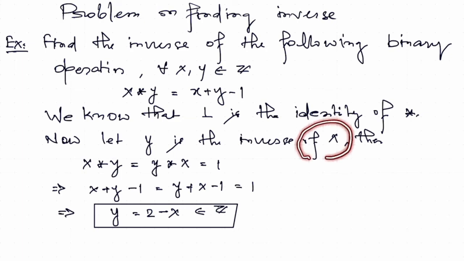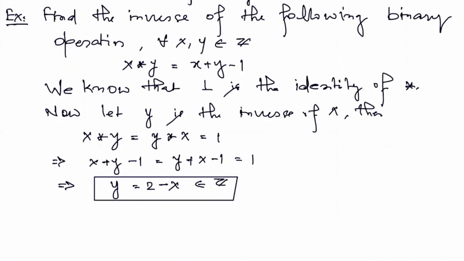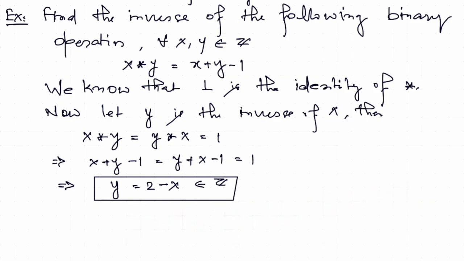Suppose you have any element x and you assume that y is its inverse, then x star y equals y star x equals 1, and solving this equation we will get y equal to 2 minus x, and since x is any integer, 2 minus x will also be an integer, so this inverse belongs to Z. For example, if you take x equal to 4, then y equals 2 minus 4 equals minus 2 will be its inverse.